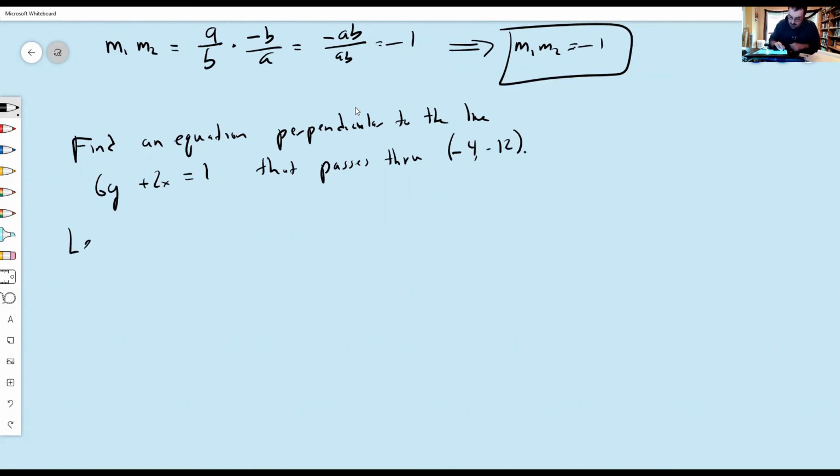And leave the answer in slope-intercept form.